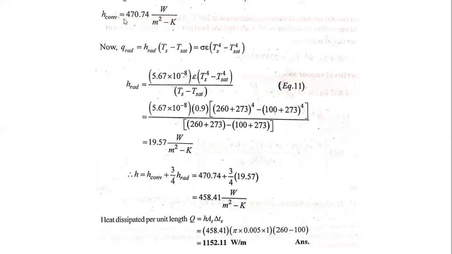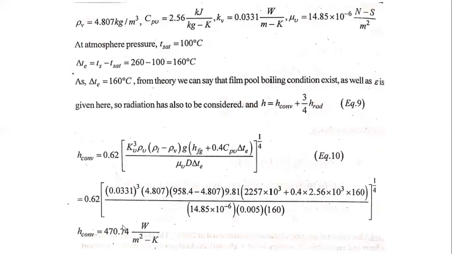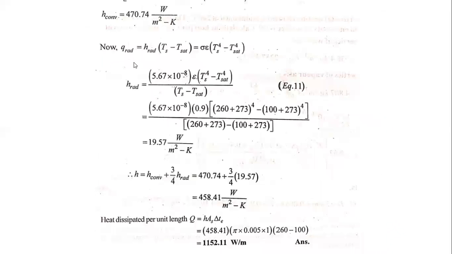Then after this, we have to find the rate of heat transfer on the radiation basis. H radiation into T superheated minus T saturated is sigma into epsilon into the fourth power of the temperature at superheated minus the fourth power of the temperature at saturated.